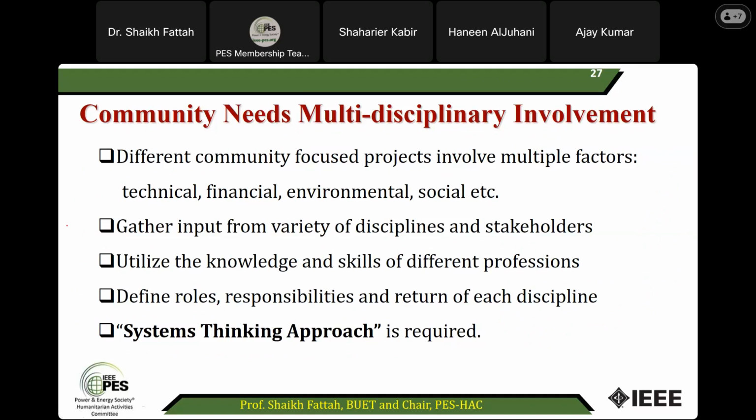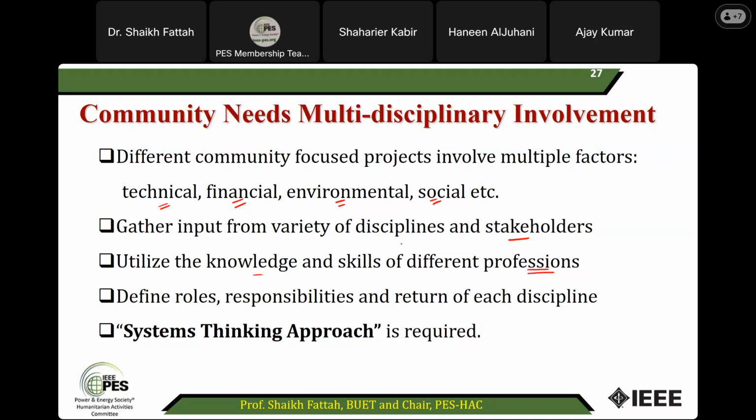It's not like only one type of technology or one type of skill can handle this. These community-based projects need multidisciplinary skills: technical, financial, environmental, social. There are different stakeholders, so you have to gather input from them, using the knowledge and skills of different professions.